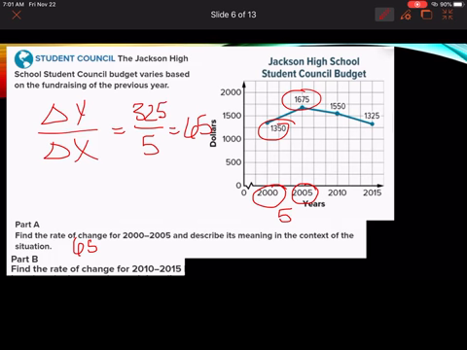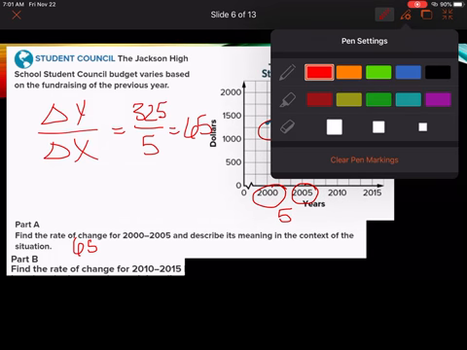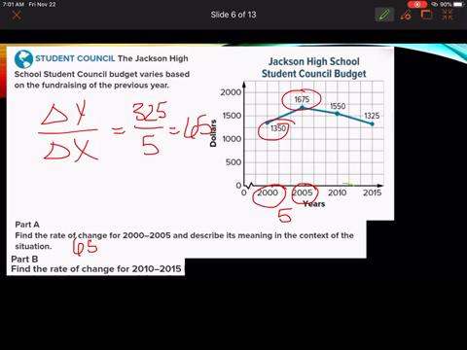Part B says from 2010 to 2015. So I'm going to change color. So from here to here. So once again, the change here is 5. And we're going down now, right? So this is going to be a negative number. So I'm going to have 1550 minus 1325, which is 225.